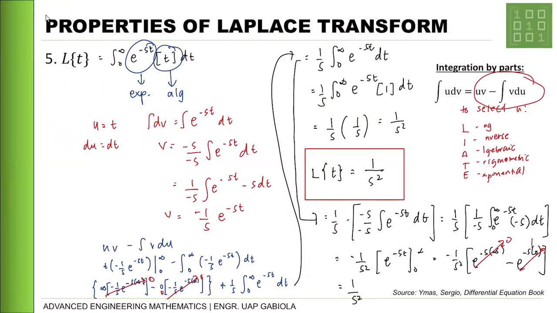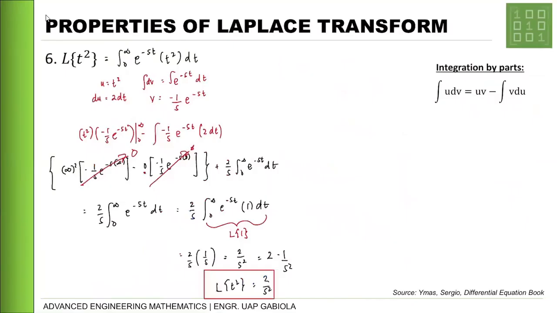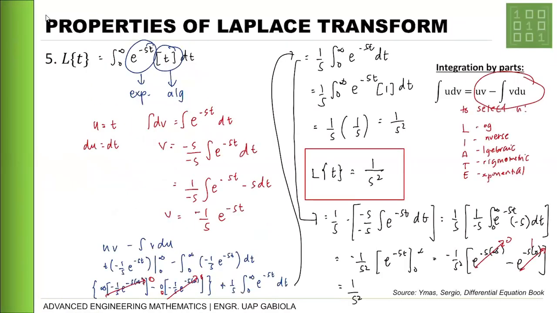Okay, let me check. This is 1 over s, 1 over s squared. So, that is equals to 1 over s.